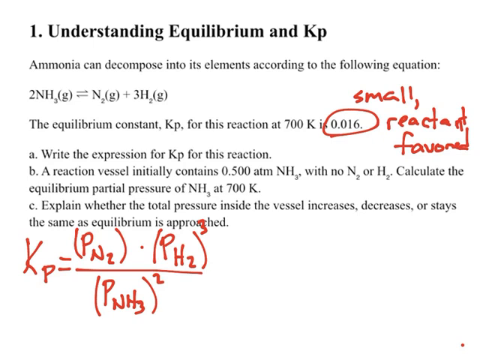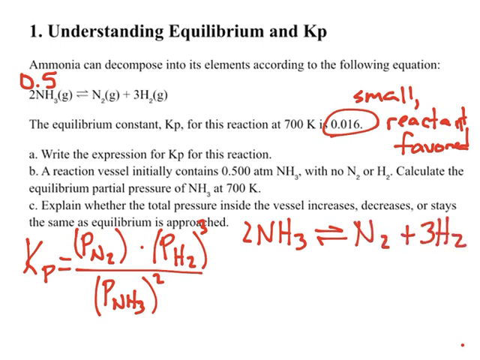For part B, a reaction vessel initially contains 0.5 atmospheres of NH3, with no nitrogen or hydrogen, and it wants to calculate the equilibrium pressure of that NH3. Well, think about an ICE chart here. We have 2 NH3 to make nitrogen and 3 hydrogens.